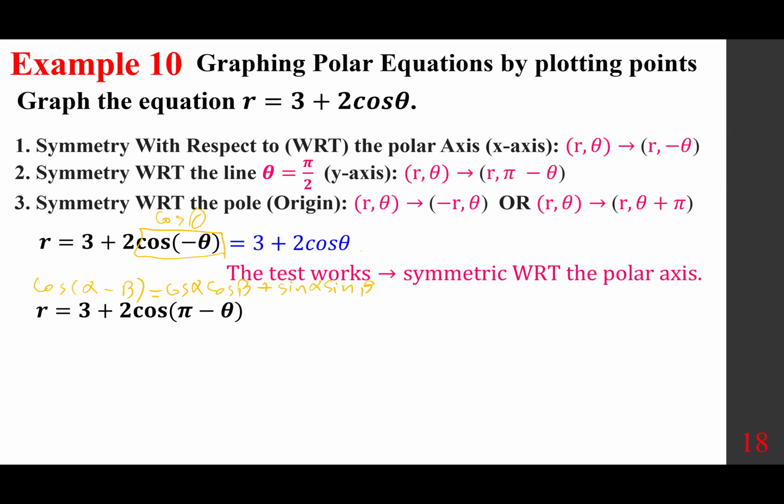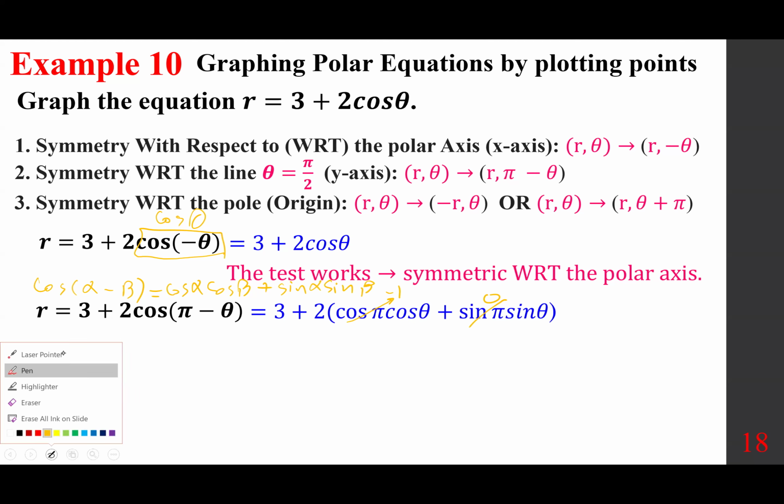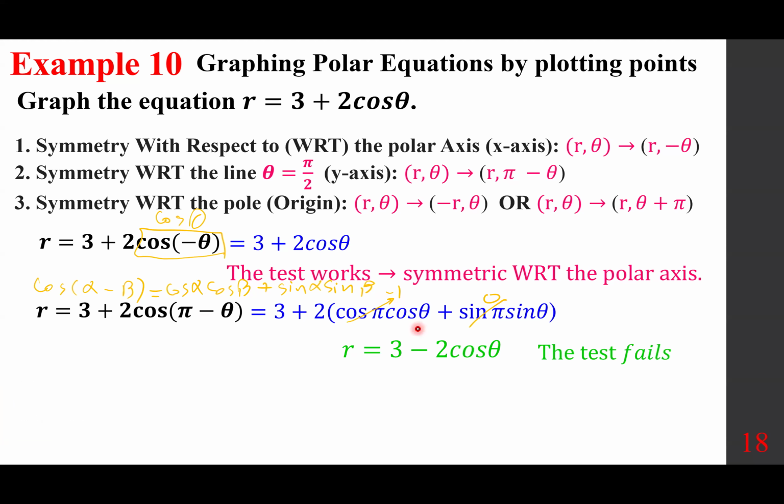So 3 plus 2 times cosine pi cosine theta plus sine pi sine theta. And we know that sine pi is 0, so nothing to worry about. Cosine pi is negative 1, therefore 3 plus 2 times negative 1 times cosine theta gives 3 minus 2 cosine theta, and the test fails. Nothing happens there. Now let's check the last one.